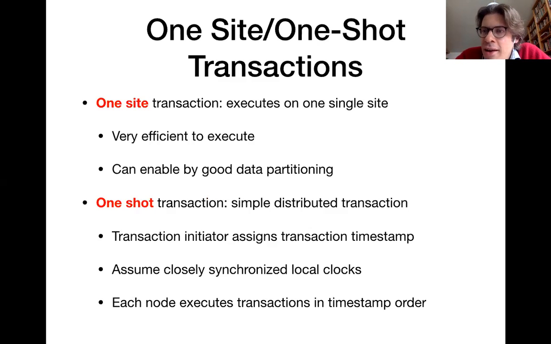A one-site transaction is a transaction which can execute on one single node in the cluster, which makes things very efficient to execute. And this is something for which we can increase the chances during pre-processing by selecting an appropriate data partitioning. There are also one-shot transactions, which are transactions that involve multiple nodes. Perhaps the required data is not available on one single machine.